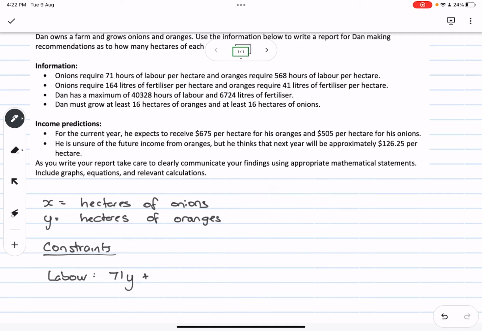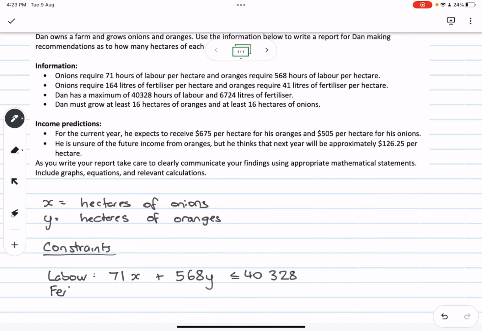Onions require 71 hours of labour, and oranges require 568. Now, we know that we've got a total of 40,328 hours of labour available to us.